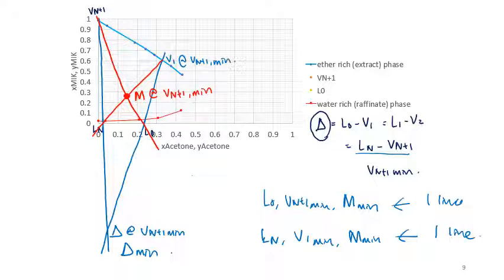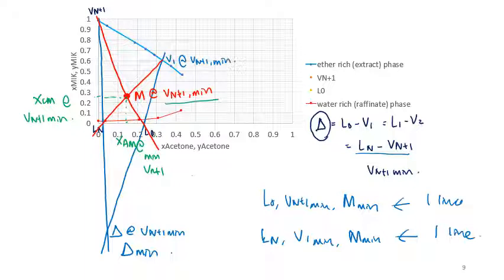Now I can get the coordinate of XAM at minimum Vn plus 1, and also the XCM coordinate at Vn plus 1 minimum. Then I can use material balance to get Vn plus 1 minimum.